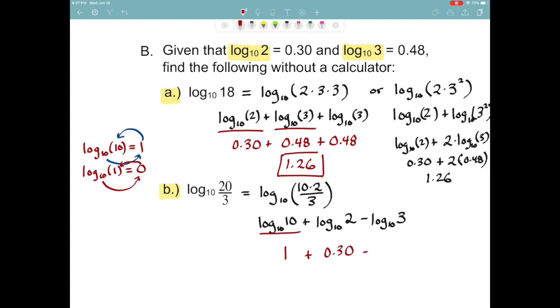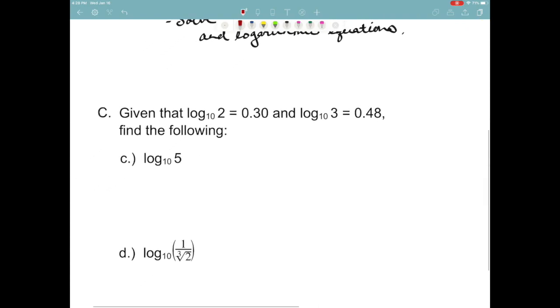And then we'd have minus log base 10 of 3, which is 0.48. So 1.3 minus 0.48, I believe, will leave us with, not 1 point, it'd be 0.82. If you have questions, please mark them here. We'll go on to a couple more examples.